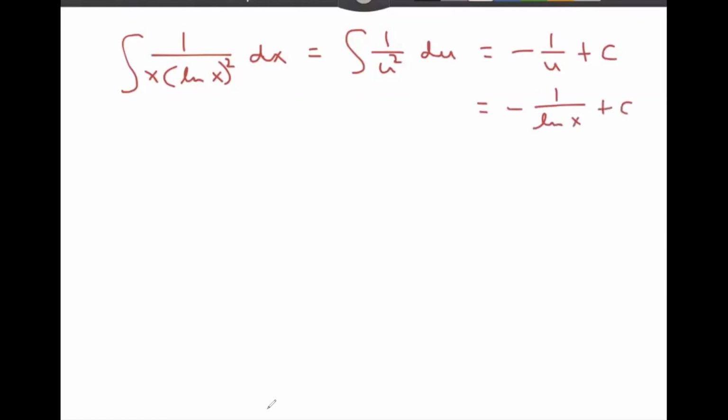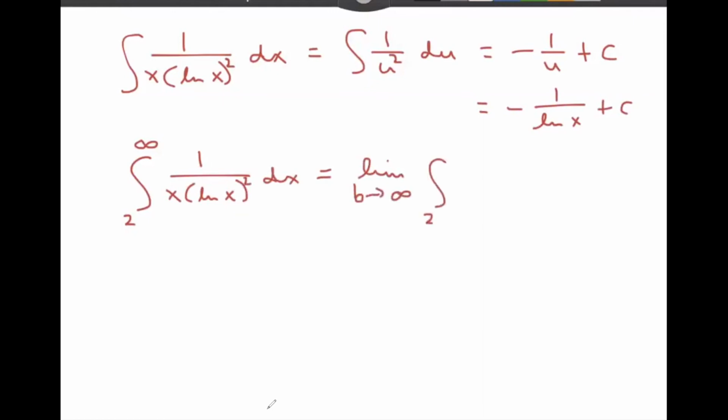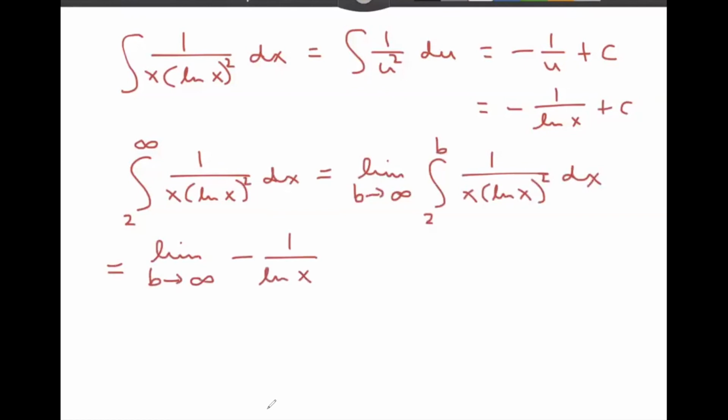So now I'm ready to talk about this improper integral. Remember how this works. Integral 2 to infinity of 1 over x natural log x squared dx is equal to the limit as b approaches infinity, integral 2 to b. Okay, and now since we've got that antiderivative handy, we can just go limit as b approaches infinity, negative 1 over natural log x, plug in b, plug in 2.